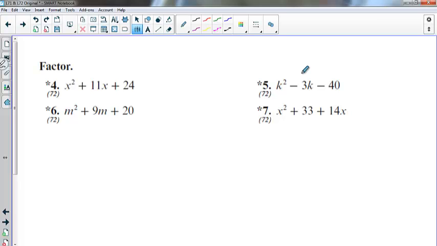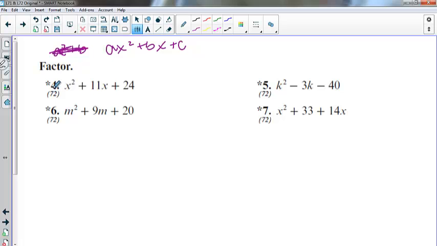This is from lesson 72. They've got to be in standard form. So ax squared plus bx plus c.